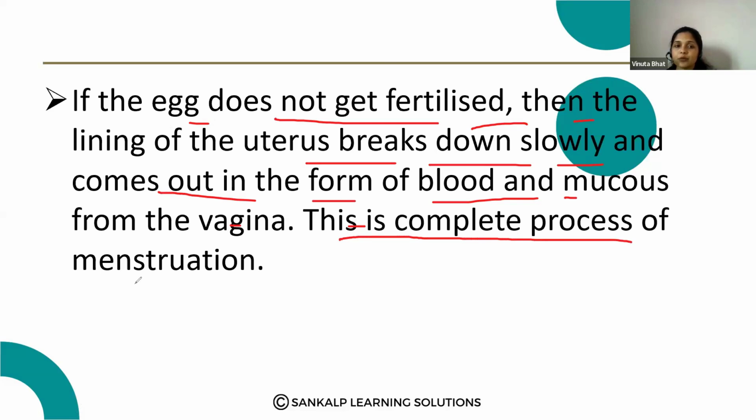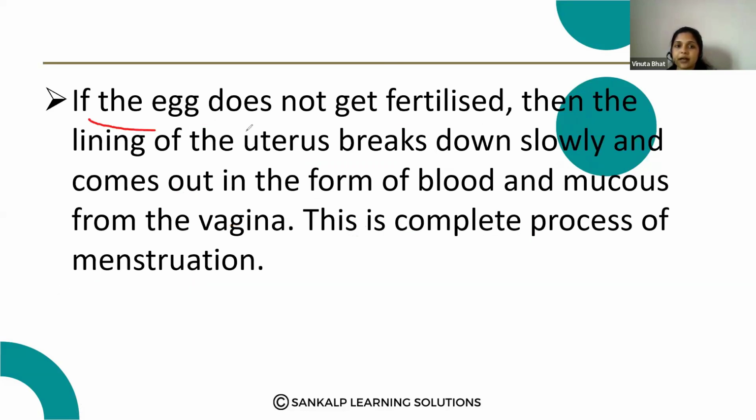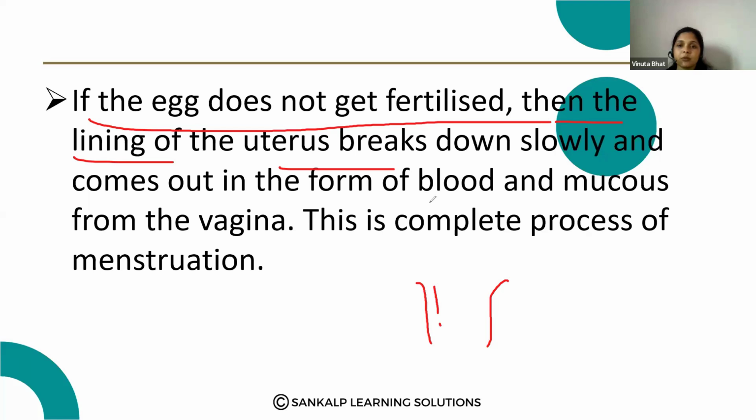This is the complete process of menstruation. Very important, if the egg does not get fertilized, then the lining of the endometrium breaks down and comes out as blood and mucus through the vagina. This complete process is called menstruation. Very important question.